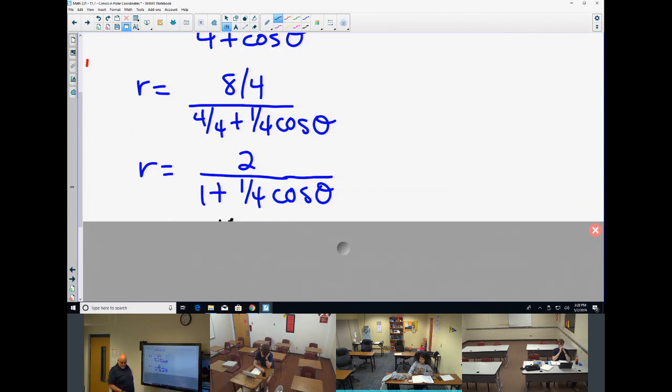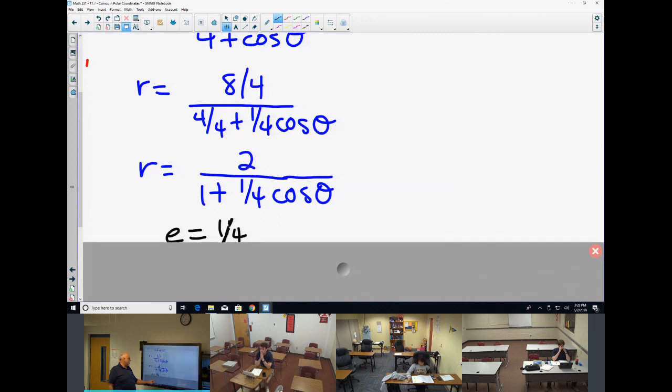I wasn't sure if you're supposed to add both of them, the 1 and 1/4, or just the 1/4. It's just the 1/4. It's just whatever's in the coefficient of the trig function. Yeah, 1/4. Okay.